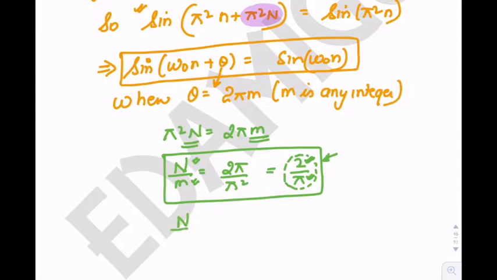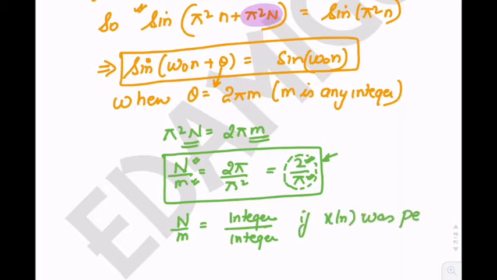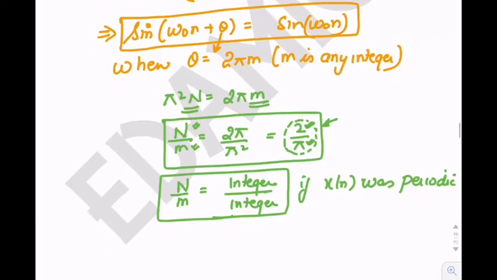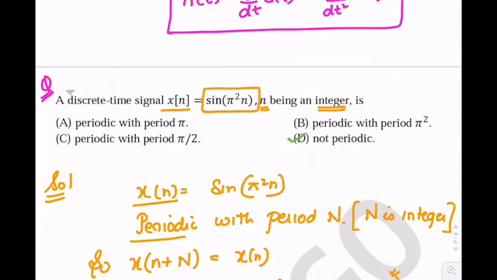So n upon m should be an integer upon integer ratio if x[n] was periodic. But since this is not coming out to be an integer upon integer ratio, sin(pi square n) is not a periodic signal. It is non-periodic.